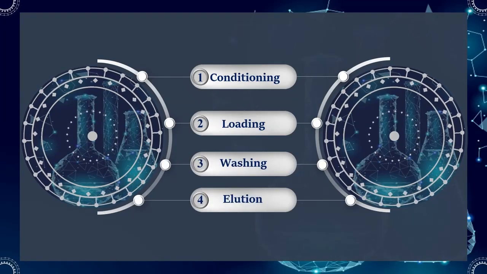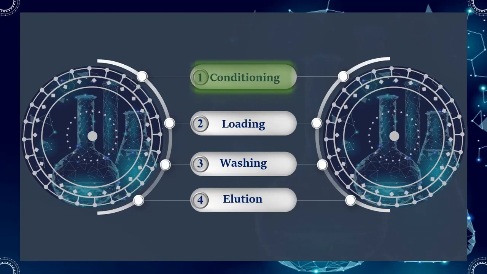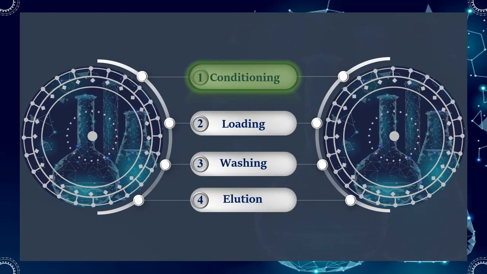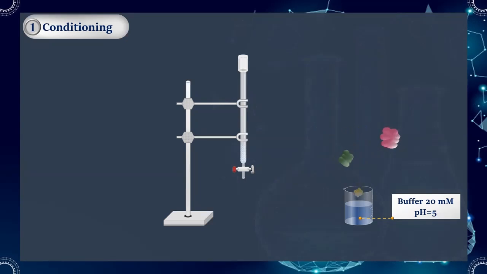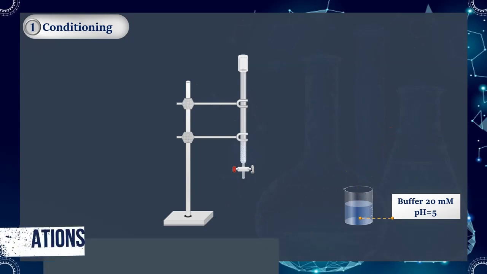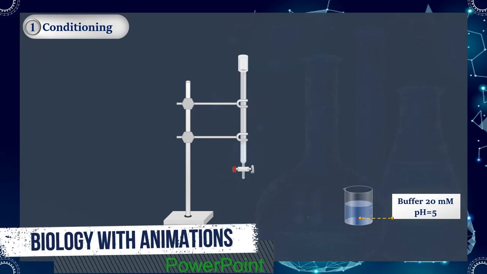The first step is the equilibration of the stationary phase to the desired start conditions. The pH and ionic strength of the sample buffer are selected to ensure that when the sample is loaded, proteins of interest bind to the medium and as many impurities as possible do not bind.